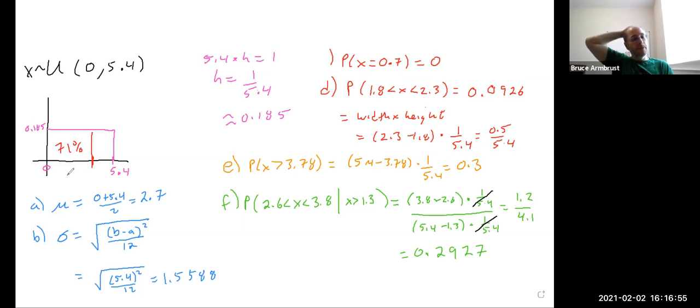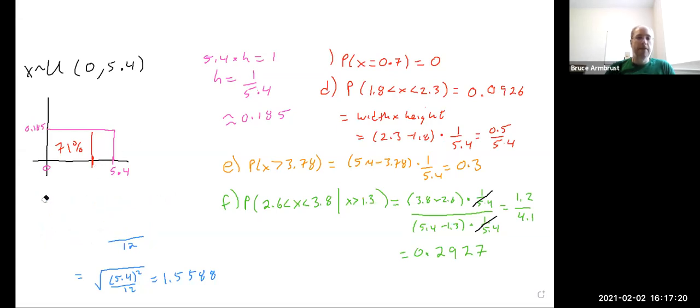Right, percentile, that's what percentiles mean. That means that that value is bigger than 71% of the rest of the data. So 71% of the time has to be below that. So basically what we're trying to figure out is what is that time value that's going to give us an area of 0.71.